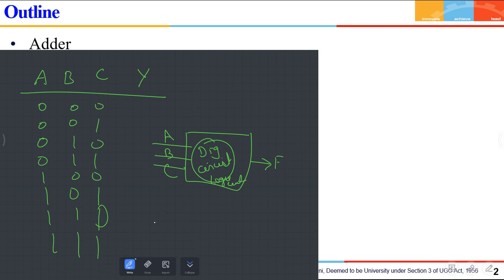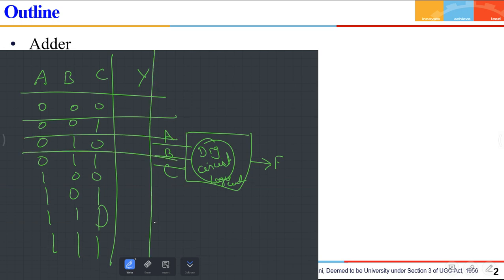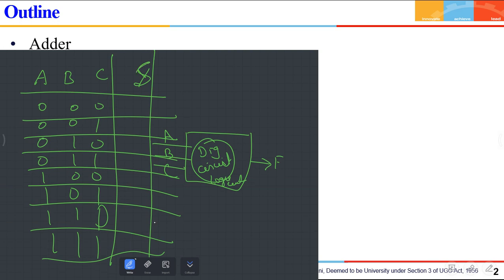And my truth table will tell me what is my output. Have you understood this? Your truth table will tell what is the output. Now suppose I take it as a full adder. I told you about the full adder, right? What is a full adder?